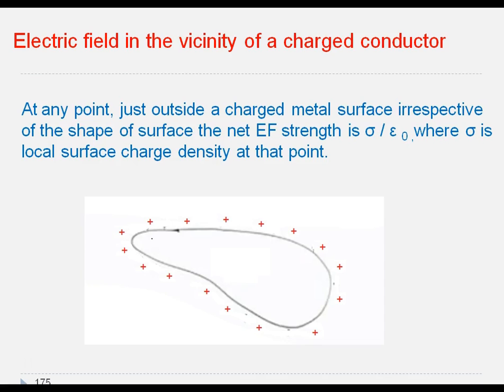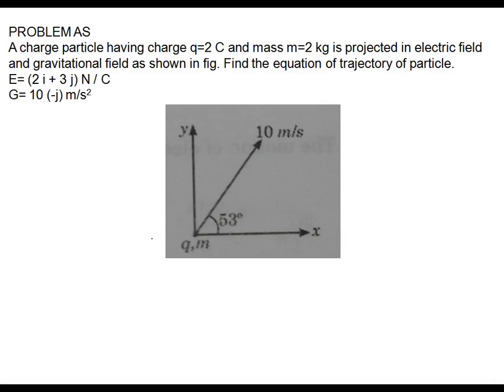That we have discussed for the metallic cylinder, metallic sphere, and here for the random shaped body also. I hope it is clear to all of you. Okay, these numericals I will discuss in the next video, so please go through that also. Thank you very much.